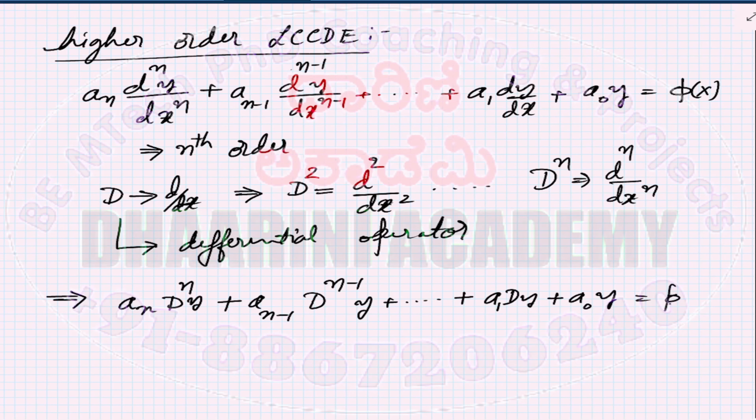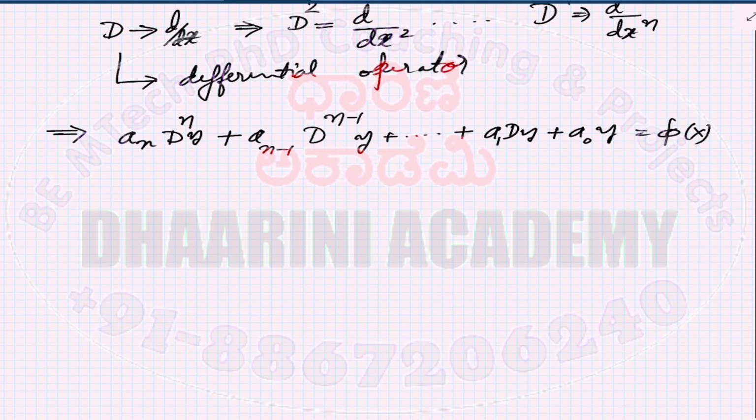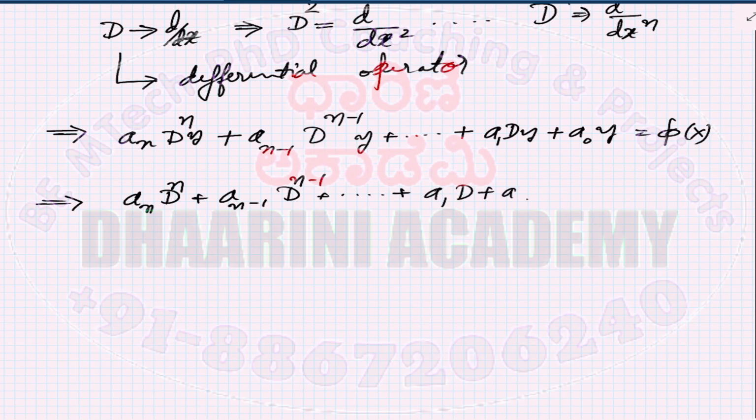This is equal to RHS. We are not going to touch that, we'll keep it as it is. Now there is something common, so I am going to take it out. So this will be an D to the n plus a n minus 1 D to the n minus 1, dot dot dot, a1 D plus a naught. This is what remains inside after I take out y, equal to phi of x.